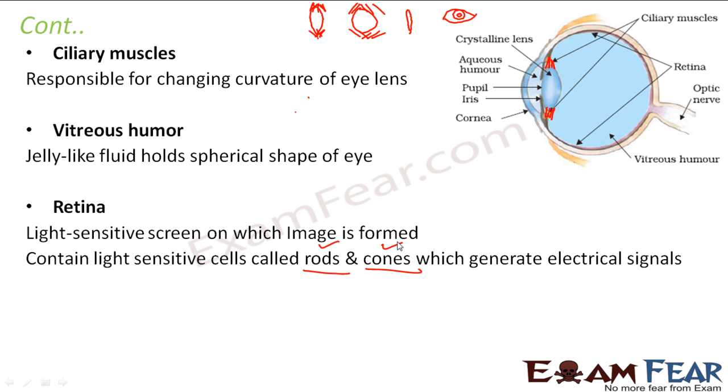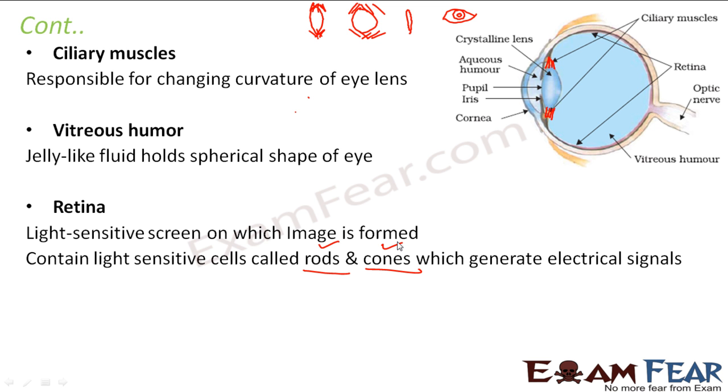When light is received on the retina, they generate some electrical signals. So that means the light energy gets converted into electrical energy. These rods and cones are nothing but receptors of light, and they generate electrical signals. And the retina acts as a screen where the image is formed.